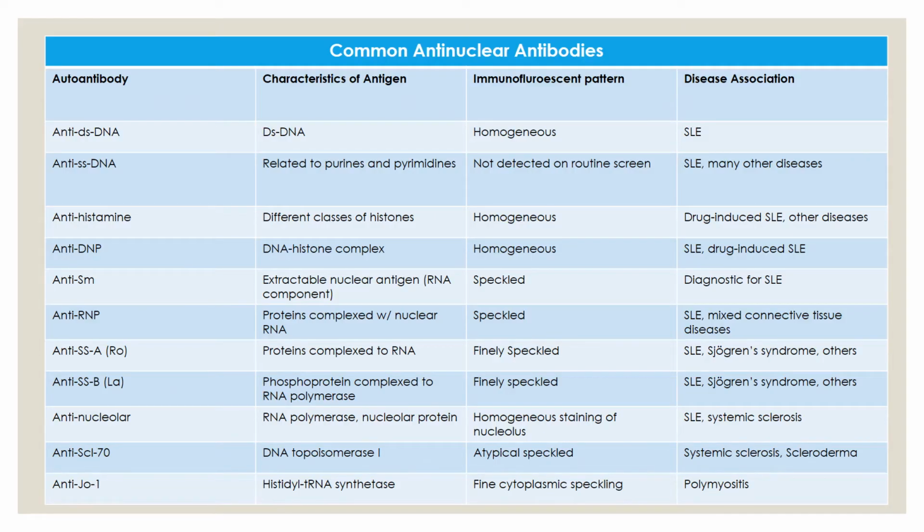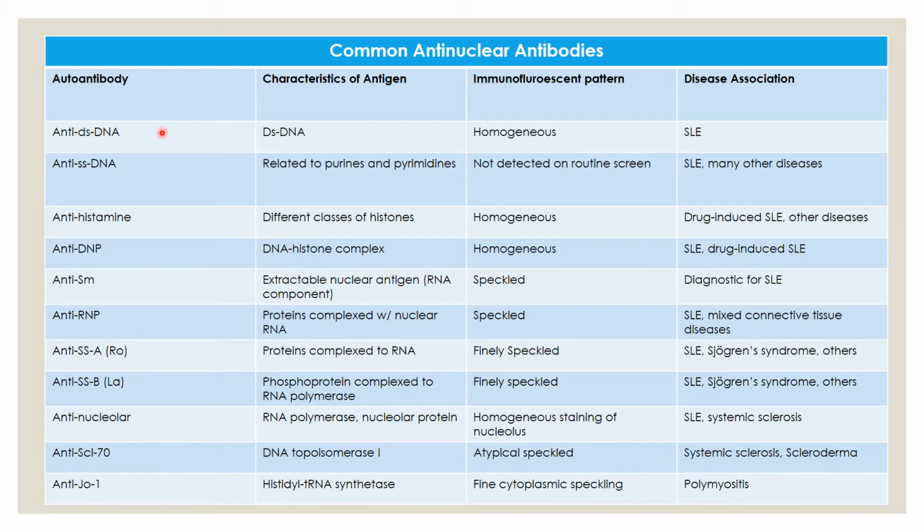Now these are the antibodies. This is a list of the antibodies that are related, just some of them. You can see there's a pretty good list here. The first test that you're going to run is a screening test, called the anti-nuclear antibody.